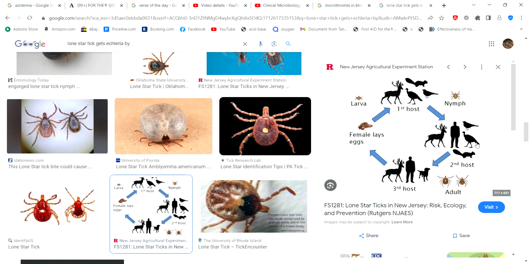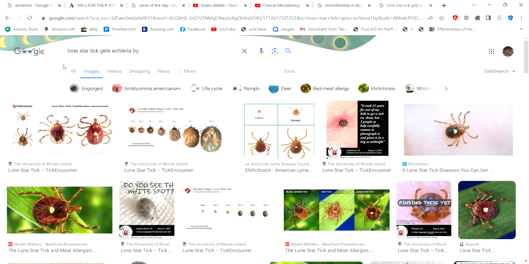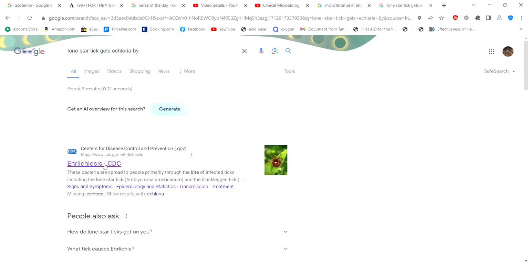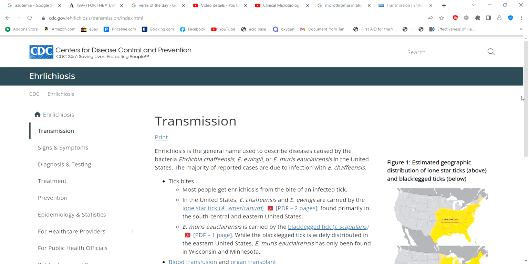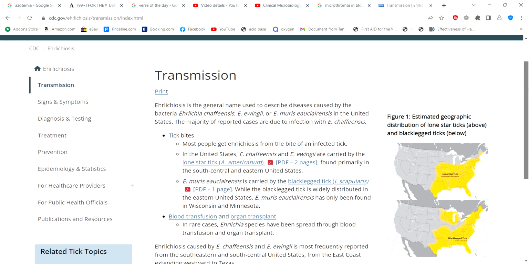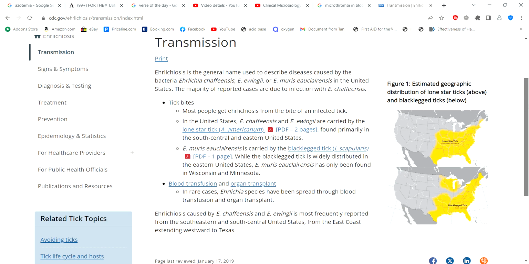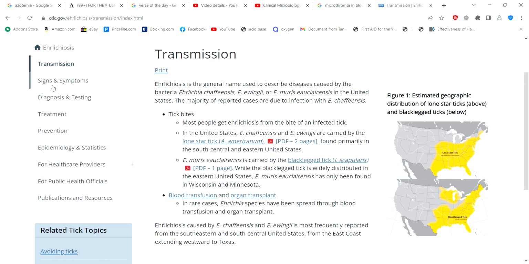Then it goes to adults. Then it goes to dogs. So it can bite.